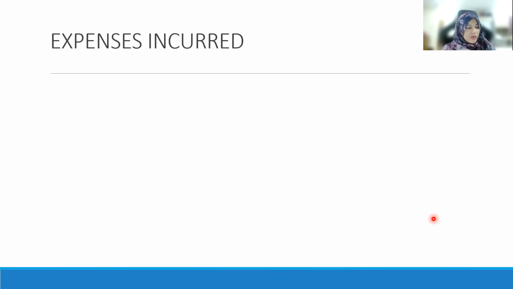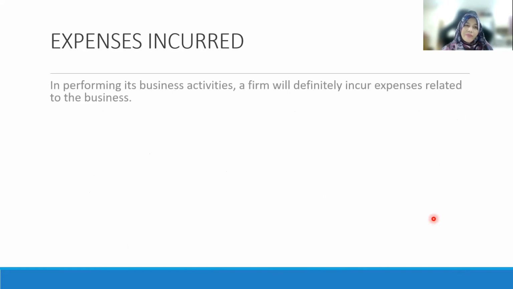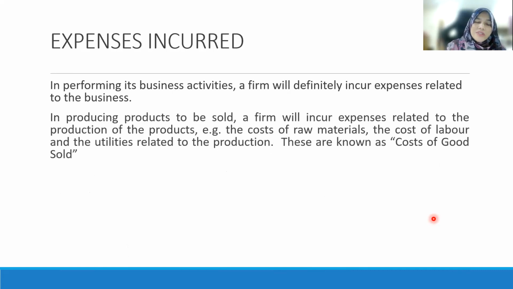Okay, so let us look at the next one, expenses incurred. In performing business activities, a firm will definitely incur expenses related to the business. For example, in producing the products to be sold, the company will incur expenses related to production of the products. For example, the cost of raw materials.